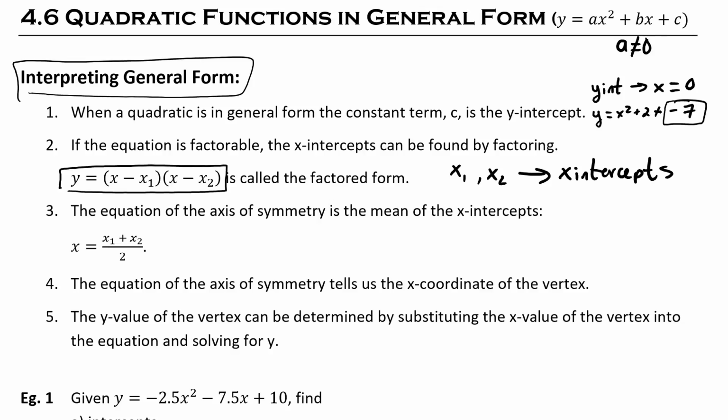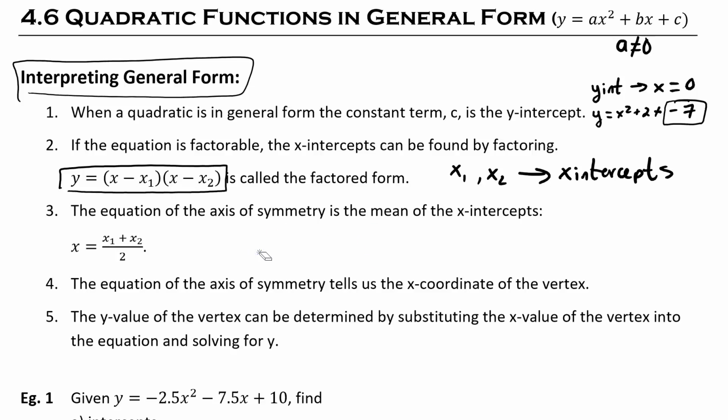The equation of the axis of symmetry is the mean of the two x-intercepts, x1 plus x2 divided by 2. That just means that here's an x-intercept and here's an x-intercept. Our axis of symmetry is right smack dab in the middle there.